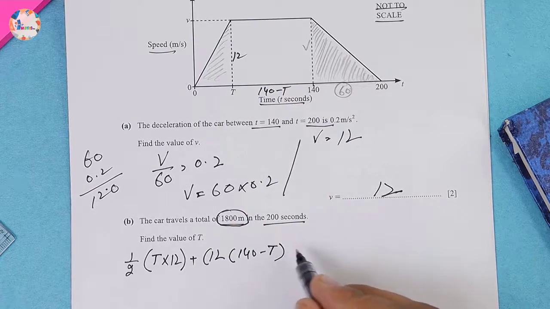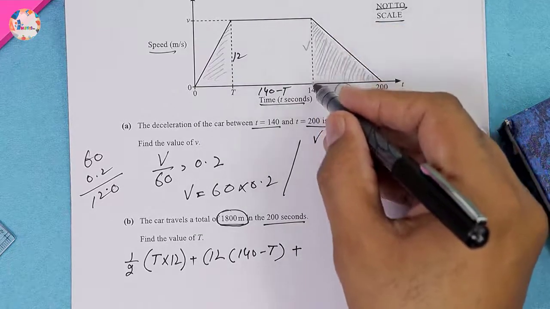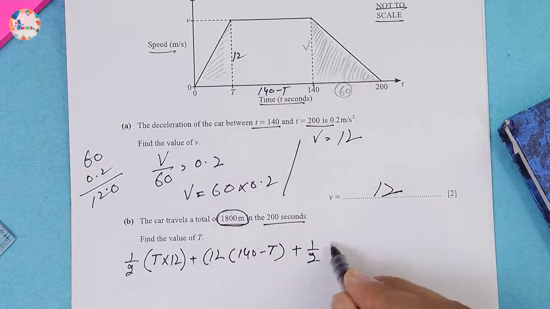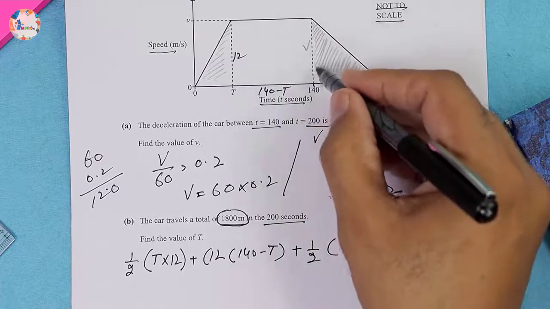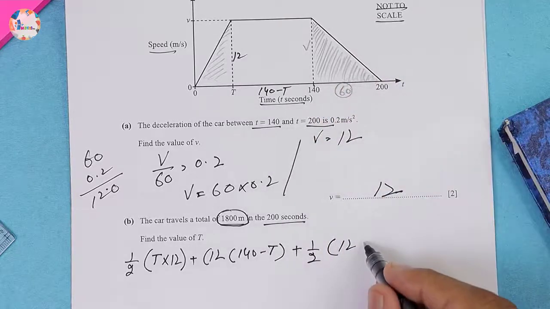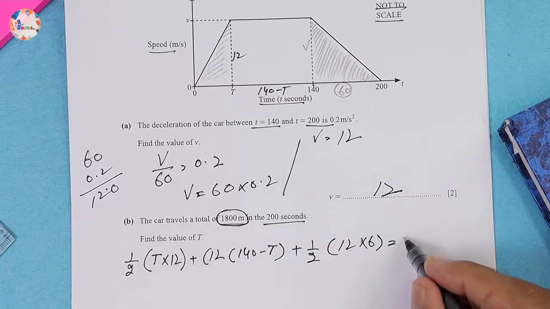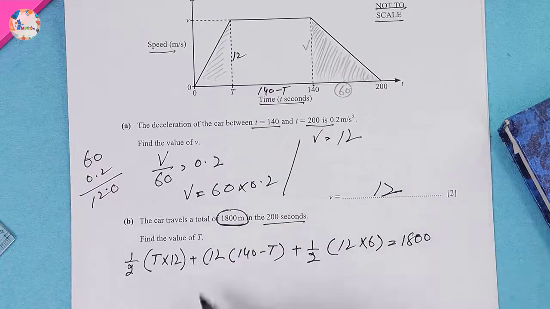This will be multiplied, plus the area of this smaller triangle, which is 1 by 2 into height 12 and this side 60, so 12 into 60, equal to the given value, 1800. I will remove this bracket.